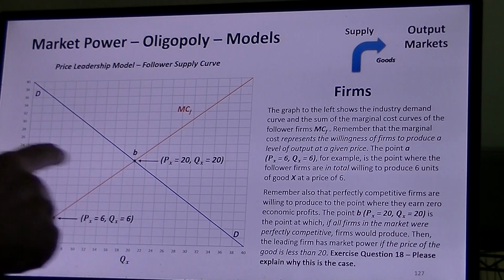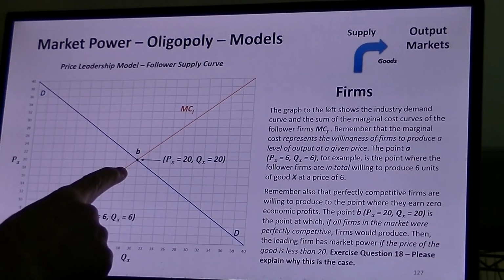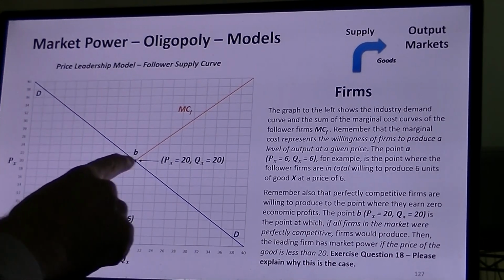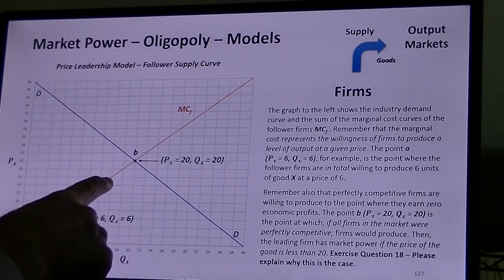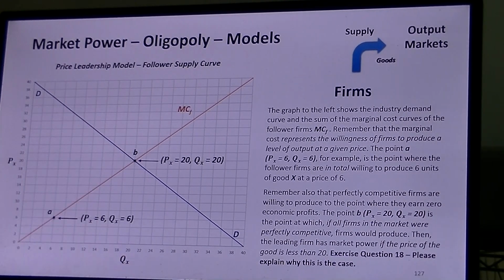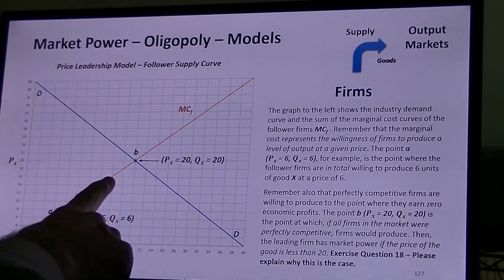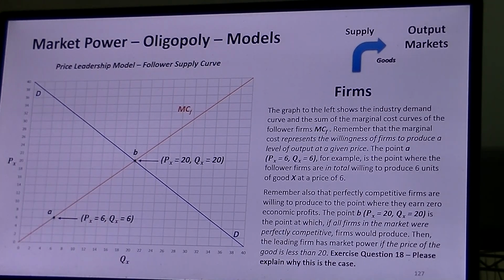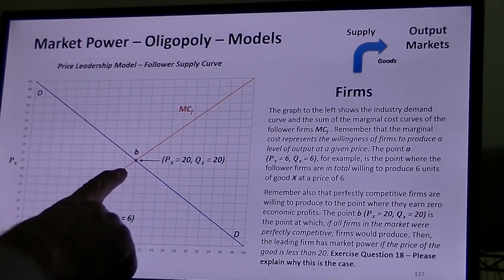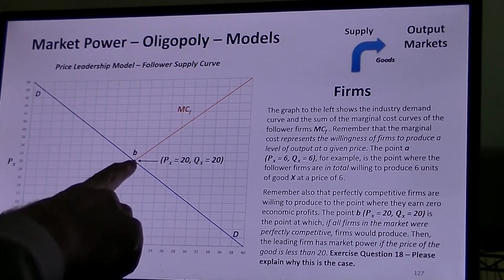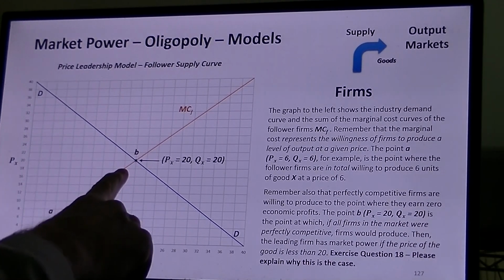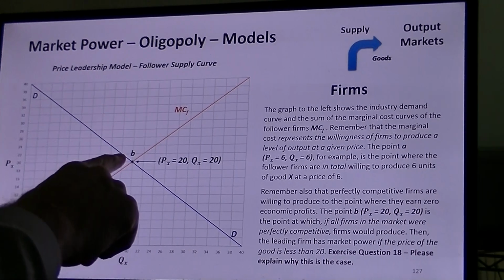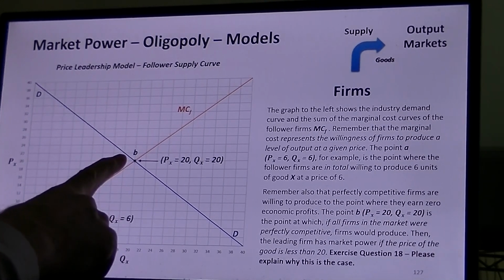So they effectively have a monopoly. If the price is 18, then they have a monopoly over 2 units of output. Wait a minute, I'm sorry, let me take that back. This is what's interesting. It's not 2, it's 4. Because if they set a price at 18, then the market is willing to purchase 4 units of the good.